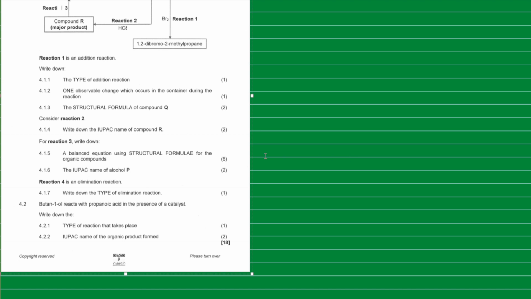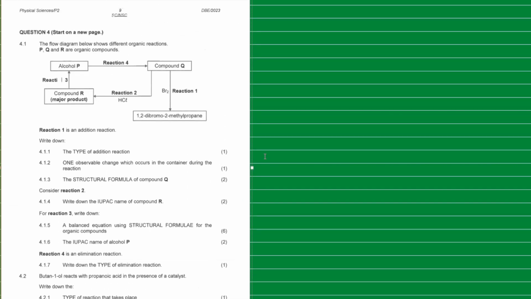Okay, so let's take it and create more space here now. So we are on question 4.15. For reaction 3, so we are given reaction 3 over here. Okay, and this is our reaction 3. Write down a balanced equation using structural formulae for the organic compounds.